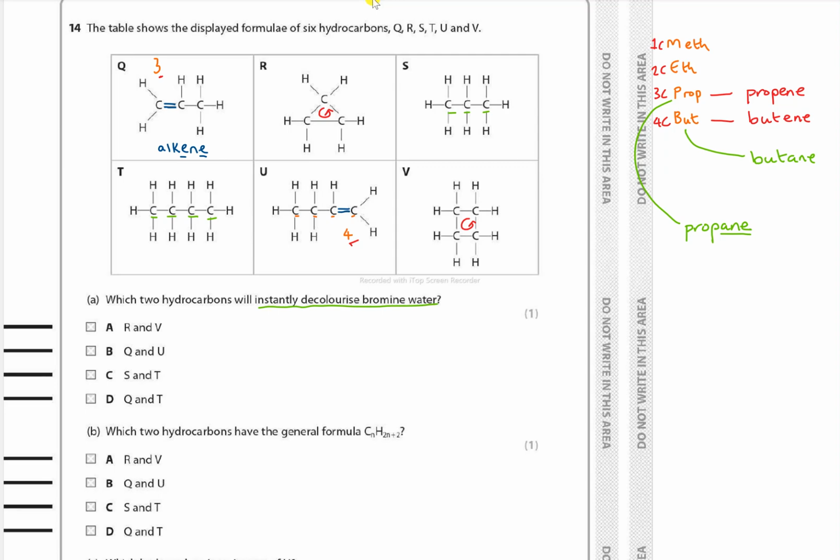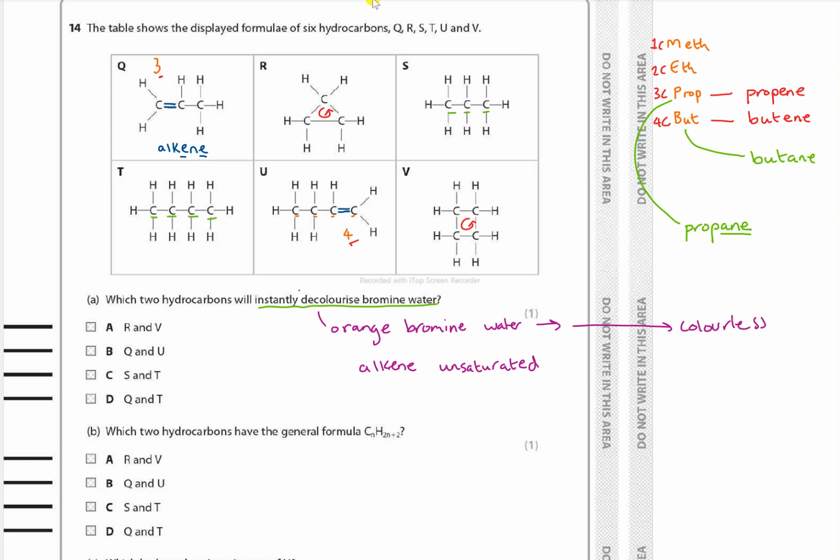So adding orange, always just remember the color with it. Add orange bromine water, and if you have an alkene or an unsaturated compound, orange bromine water turns colorless.